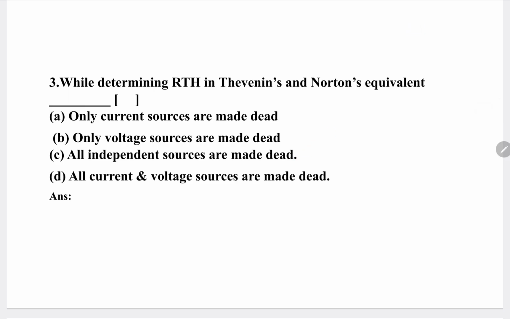So while determining the Rth value, all the independent sources are made dead. Dependent sources are not disturbed. You might be confused between option C and option D, but option D says all voltage sources and current sources are made dead. It is not correct, because all means dependent sources also come in option D. Only independent sources are made dead.